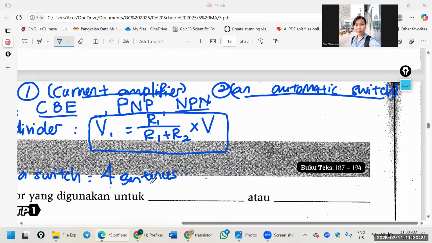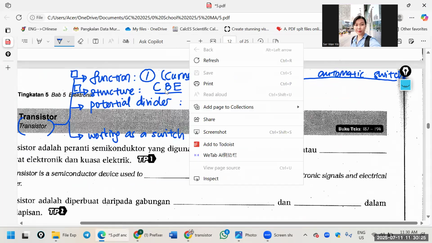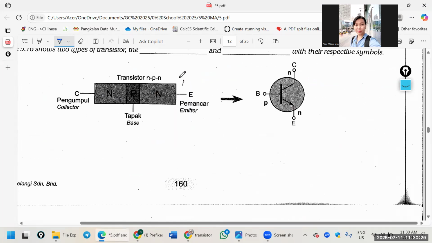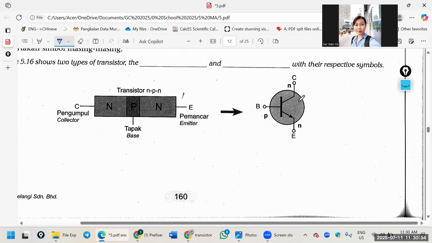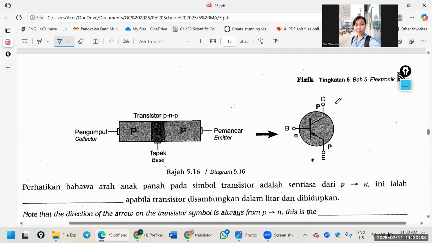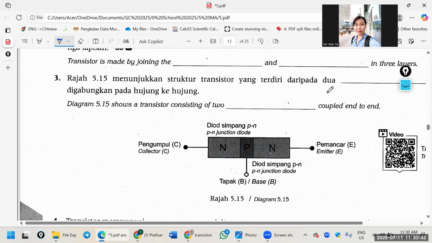So now next, we are going to learn what is CBE. Like here, normally we draw like this. Okay, I want you all to draw it in.